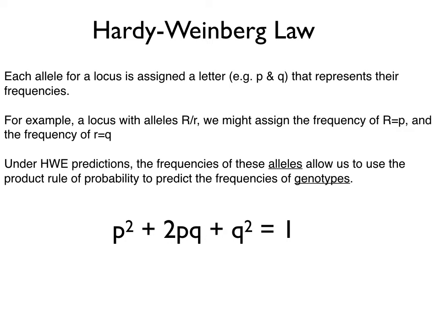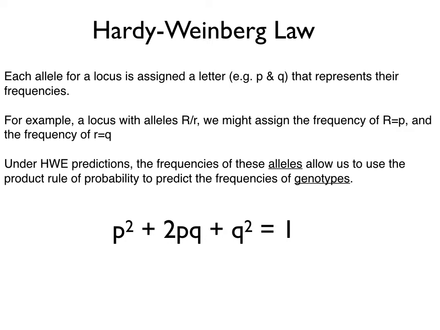I'm going to use a scenario where we're talking about gene R, where there's a dominant big R, a recessive little r, and we might assign p to represent the frequency of the dominant R, and q to represent the frequency of the little r. Okay? So we have 2 alleles, each exists at some frequency. The frequency of those 2 alleles has to sum to 1 or 100%.